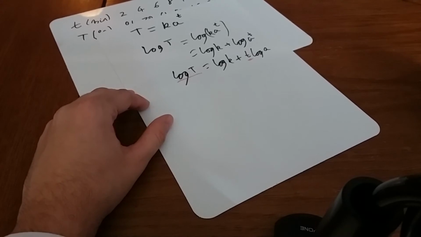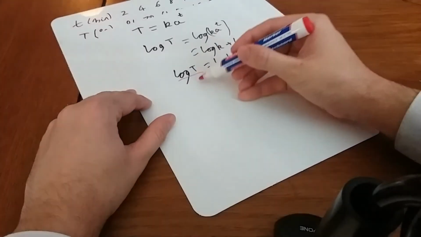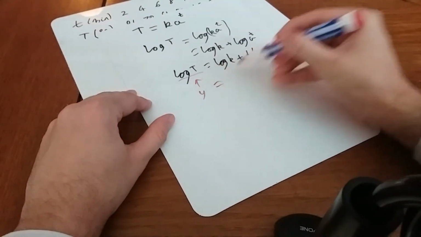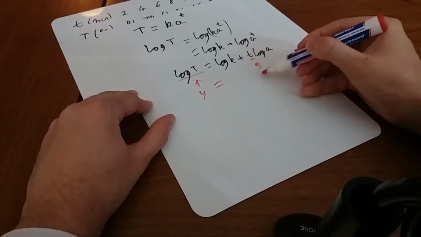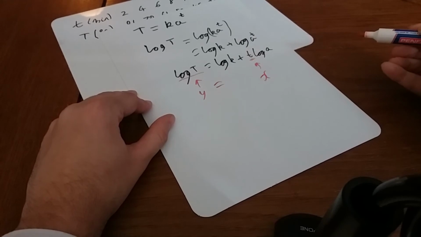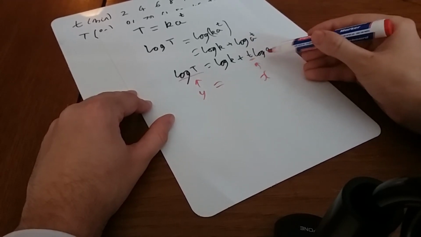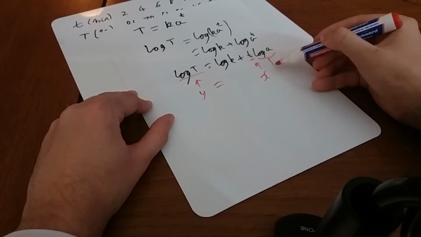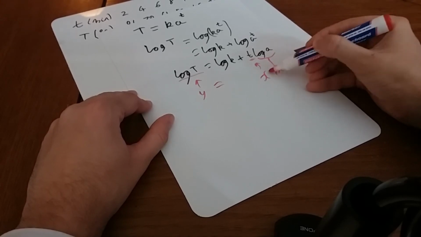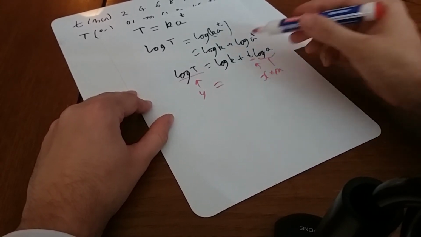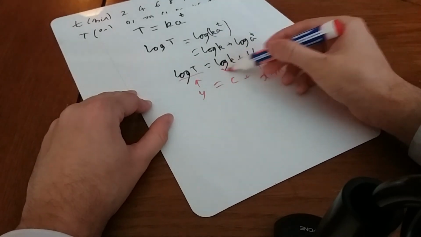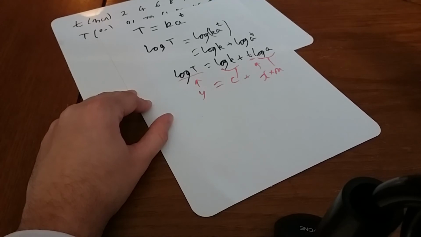This is actually in the form y equals mx plus c, because this thing here is like y. We've got the equals. That thing there is like x, that's our other variable. All of that, which we multiplied by x, is like m, so I'll put a little times sign in there. And then the thing that we're adding on is just a constant.